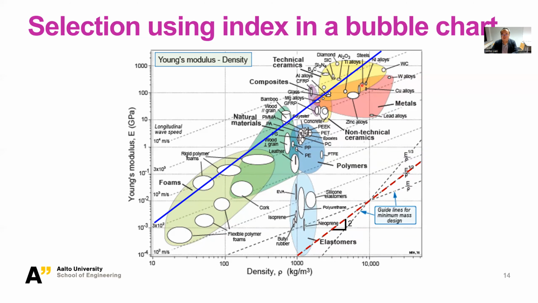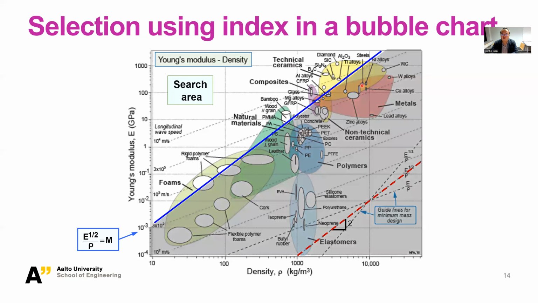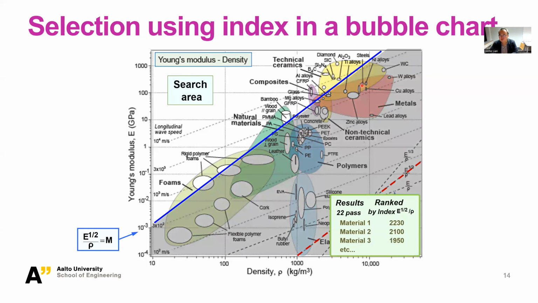And of course, after you push this line to a certain limit, you will have just a few materials left. You can already pick them, or if you want to be more careful, you can list them and rank them again. You will see the material with the largest material index, and the second one, and so on.